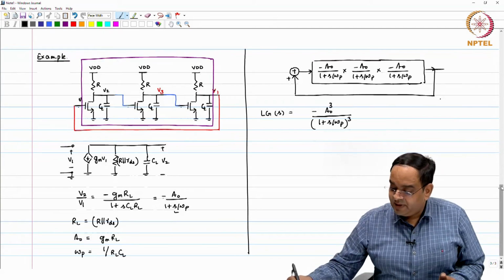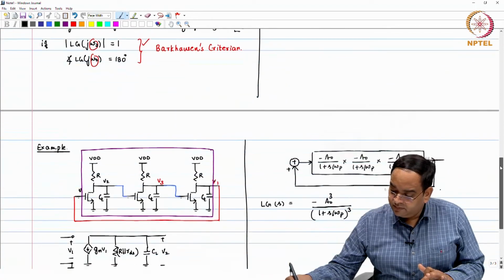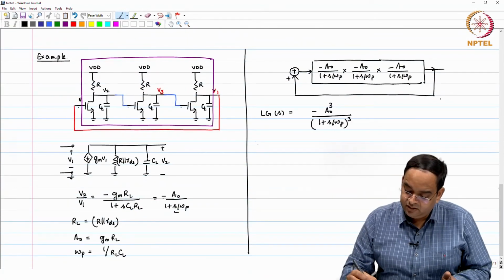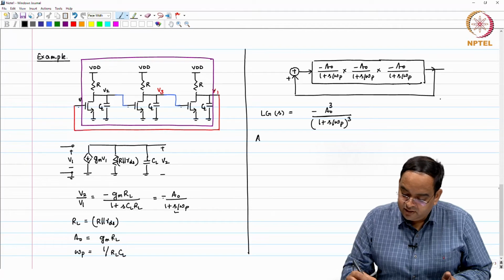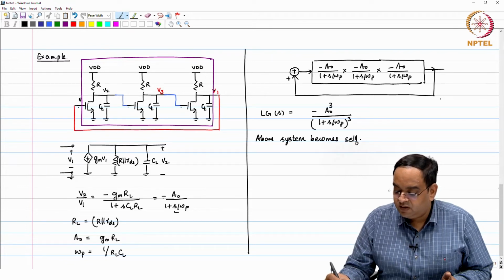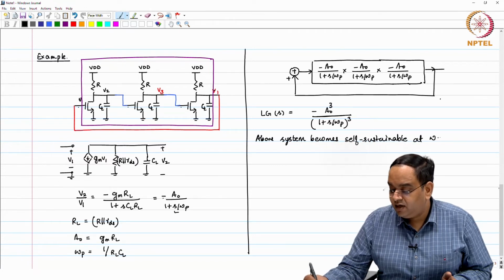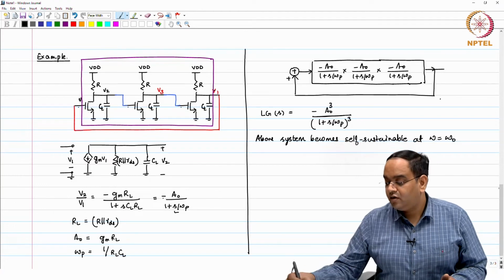This system, as per Barkhausen's criterion, becomes self-sustainable at omega equal to omega oscillation.